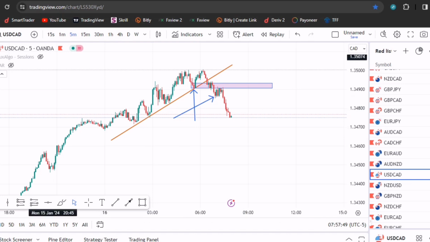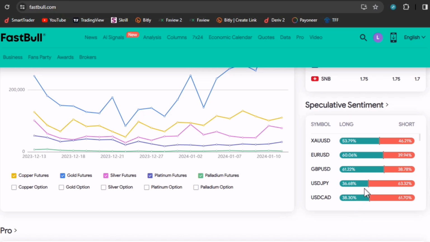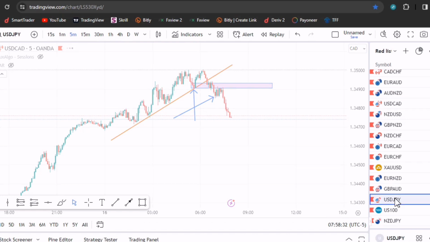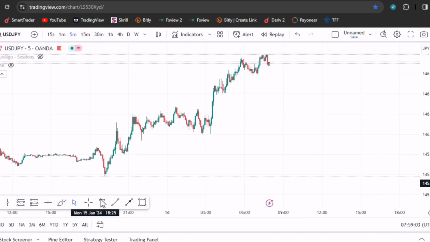Let's pick another pair. Let's take USDJPY. There is 63% on one side, which means there's a very good chance that you find either a buy entry or a sell entry. So let's go to USDJPY. Right here we have USDJPY. It is really trending.